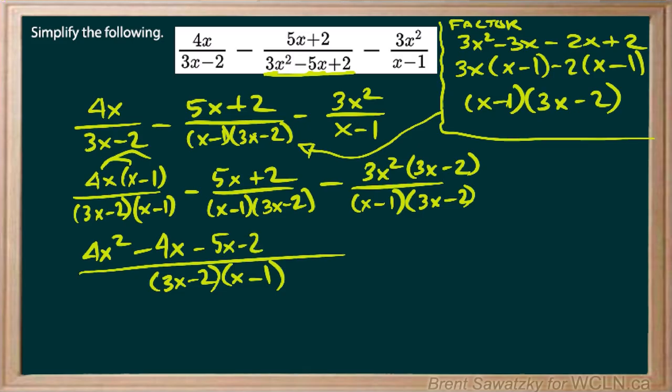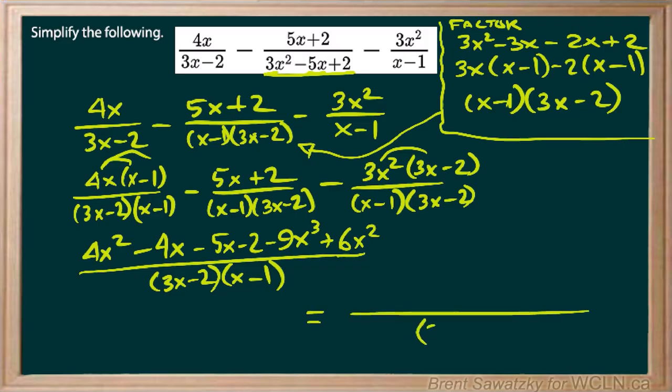And once again, we have the negative there, and so minus 3x squared times 3x would be minus 9x to the 3, and minus 3x squared times negative 2 would be plus 6x squared. All right, so we are ready to do some cleaning up here. On the bottom, nothing has changed.